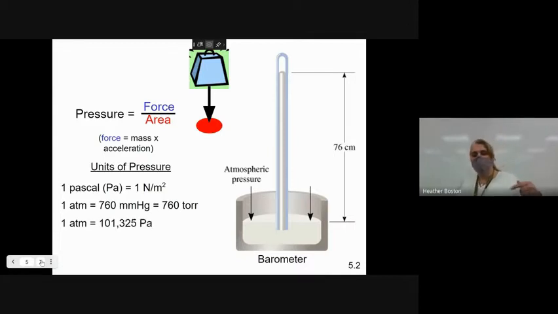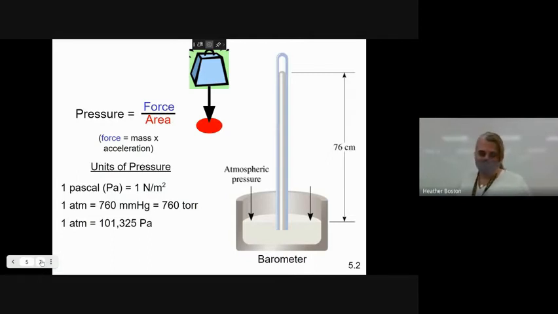And 1 atmosphere is equal to 101,325 pascals. Usually the units we'll use here, just because that's a big number, is 101.325 kilopascals. Those are all the possibilities that you're going to see for pressure. You're going to run into all of those.